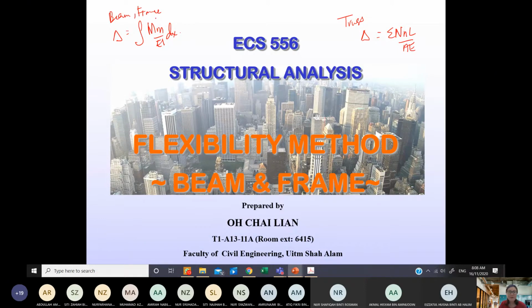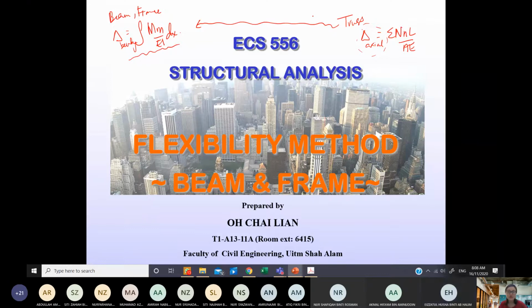But for beams and frames, you may also need to consider the axial effect, so we also need to add this effect dealing with the axial. I will call this displacement the one dealing with the axial effect, and this one dealing with the moments, or bending effect.